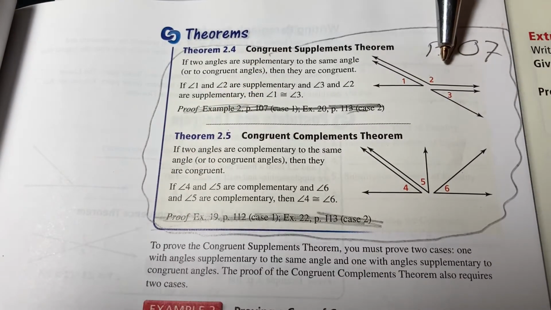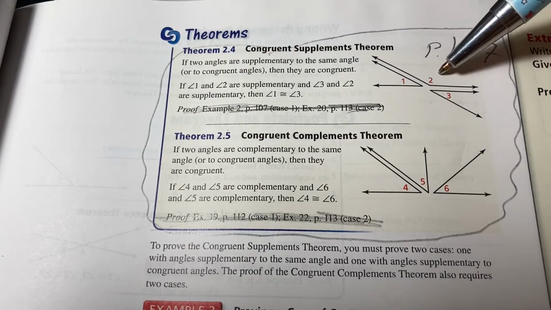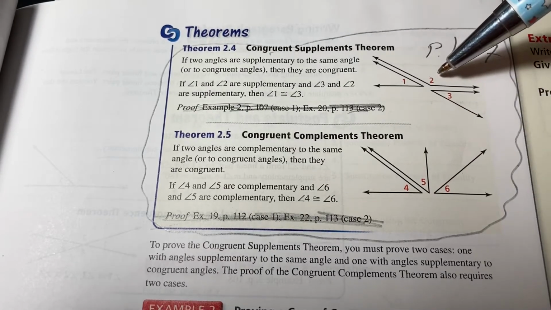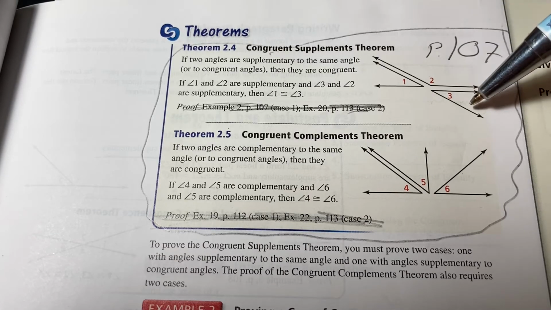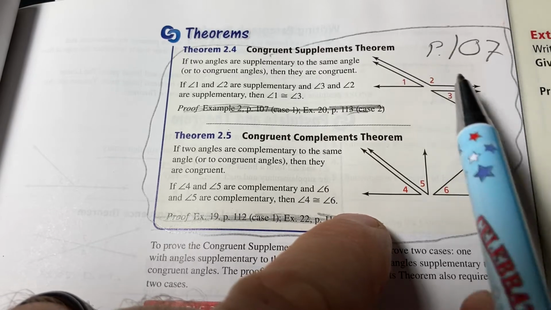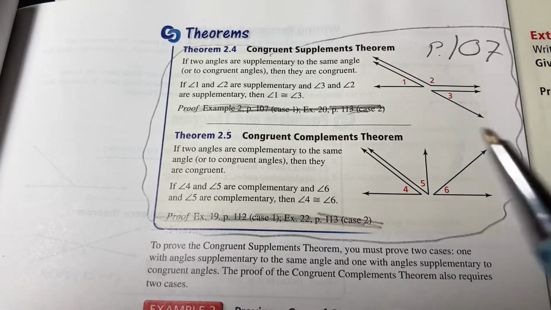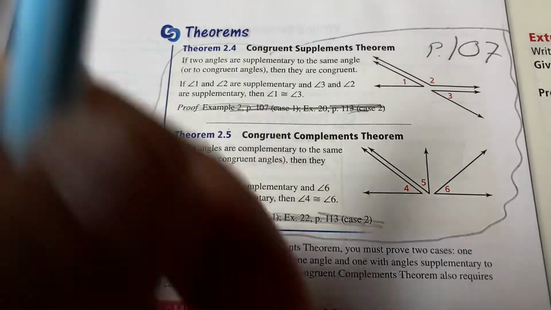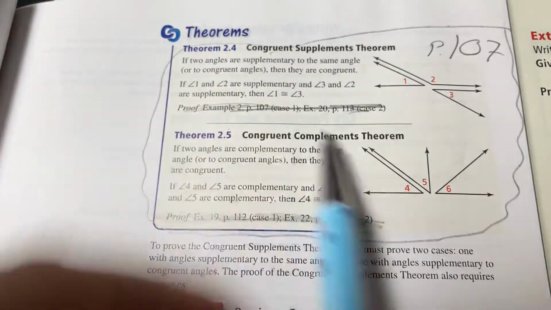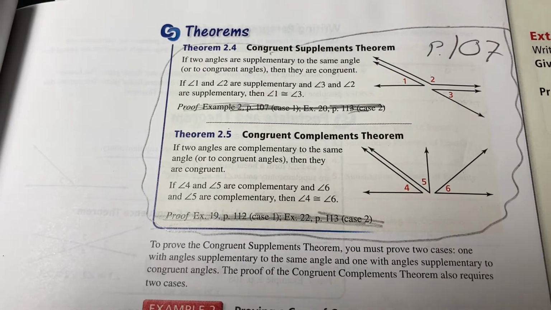Supplementary means 180. So if these two angles are supplementary, and these two angles are supplementary, this angle and that angle are congruent. They're equal, the same measure.